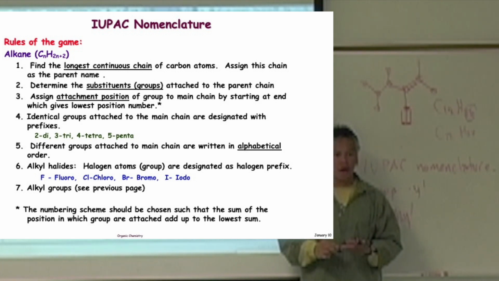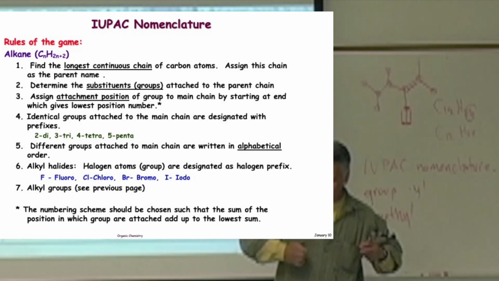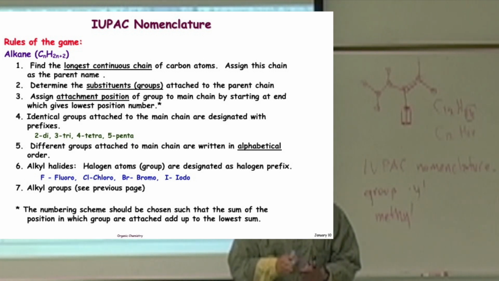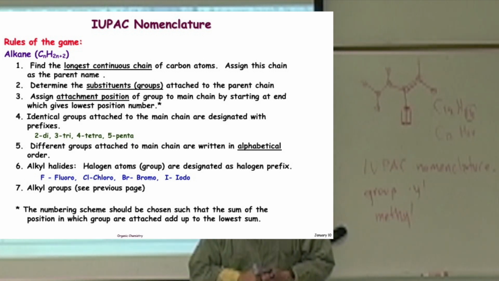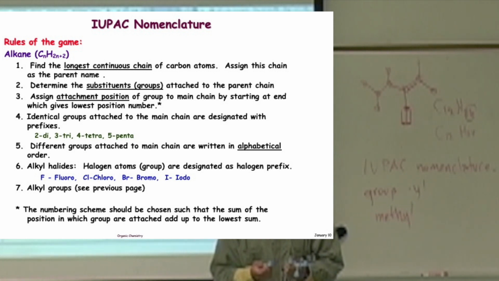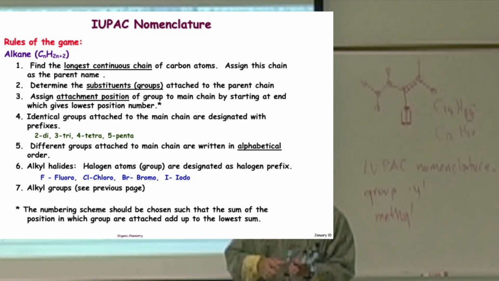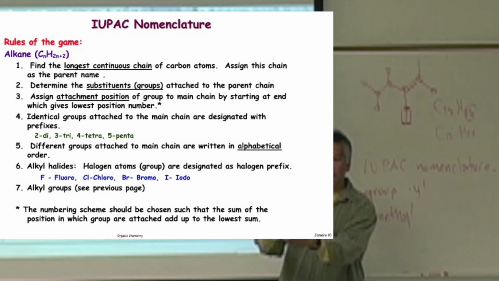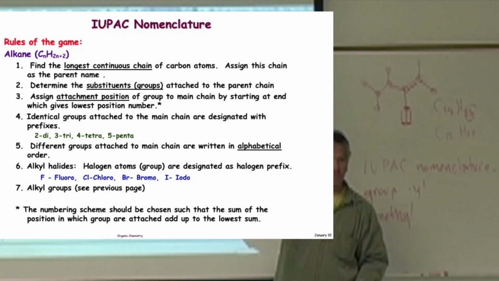The first part of the rules is we look for the longest continuous chain. Now the longest continuous chain can be very deceptive, because like I said, it could be contorted like this, and it's not obvious what the longest continuous chain is.